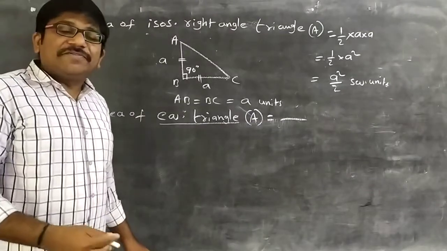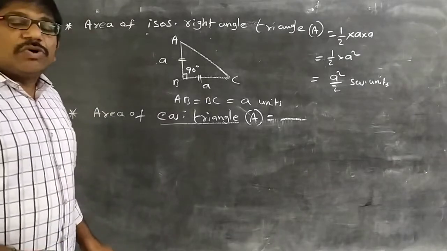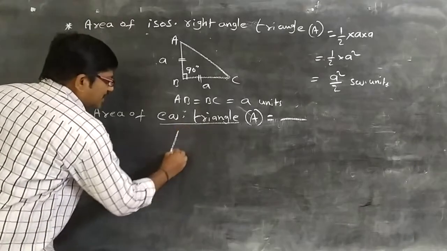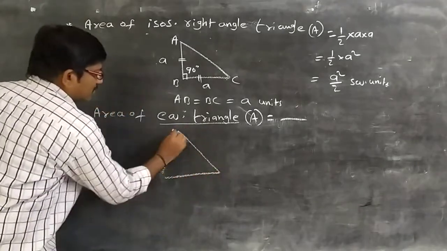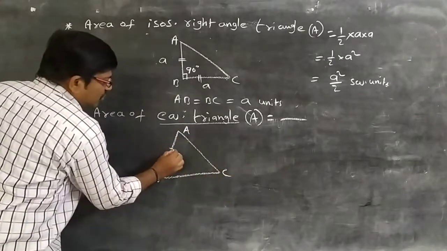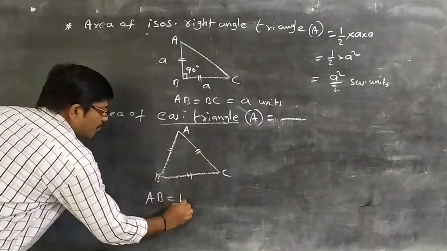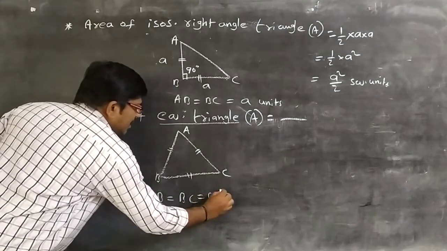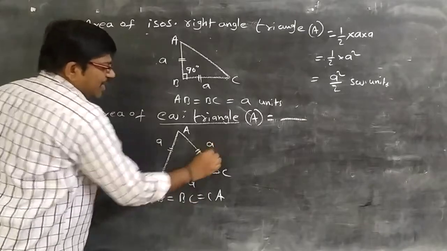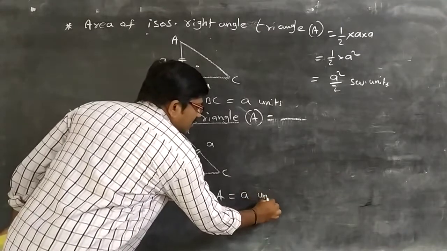In any triangle, if three sides are equal, then that is called an equilateral triangle. So an equilateral triangle means all sides are equal, right? So it is triangle ABC, in which all sides are equal, meaning AB is equal to BC is equal to CA. Suppose one side is A units, the others are also A units. All sides are equal to A units.